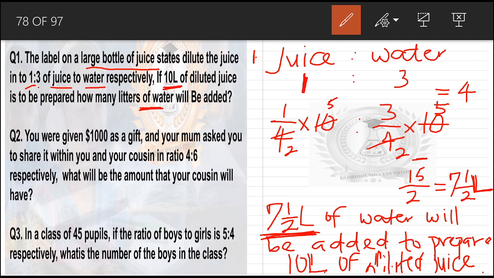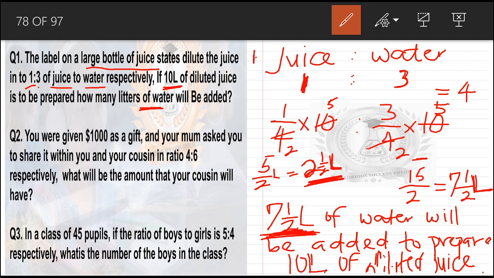So we have 5 over 2 liters, which equals 2.5 liters. It means to prepare 10 liters of juice at the ratio of 1 to 3, as the question said, we are going to use 2.5 liters of juice in addition to 7.5 liters of water. So you mix it together, then you have 10 liters of diluted juice.